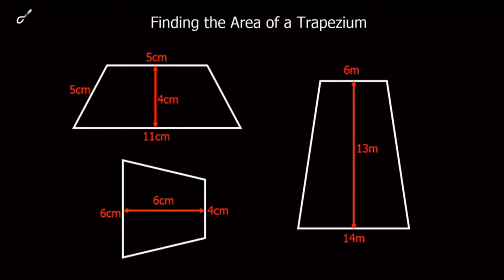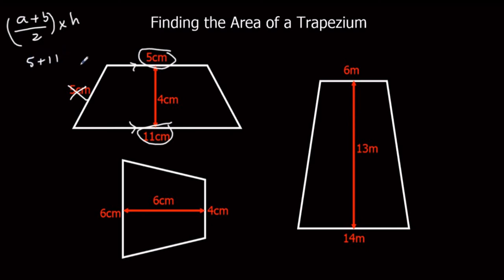So remember our formula, A plus B over 2 times the height, the perpendicular height. In this example, the two parallel sides are this one and this one. So A and B are these two numbers. Perpendicular height is 4. This is the slanted height. We don't want that. We're not using that in the question. So A plus B, that's 5 and 11.